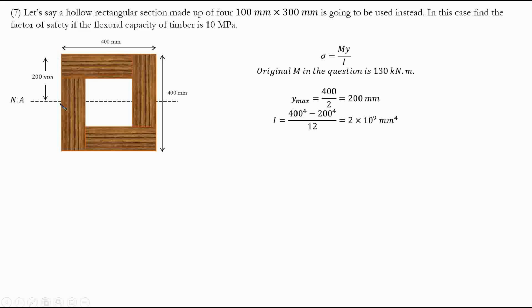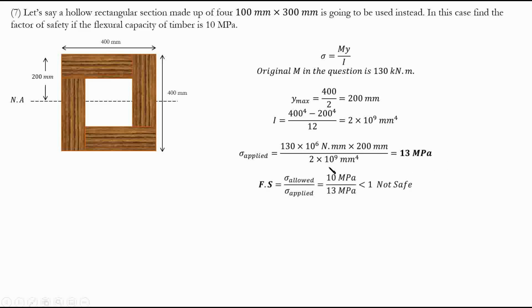Moment of inertia of this large one is 400 times 400 to the power of 3 over 12, or 400 to the power of 4 over 12, minus the smaller one, which is 200 to the power of 4 over 12. So from here, you get this I value. Your applied stress, again, as we did multiple times, is moment times Y over I. From here, you'll end up with 13 megapascal.